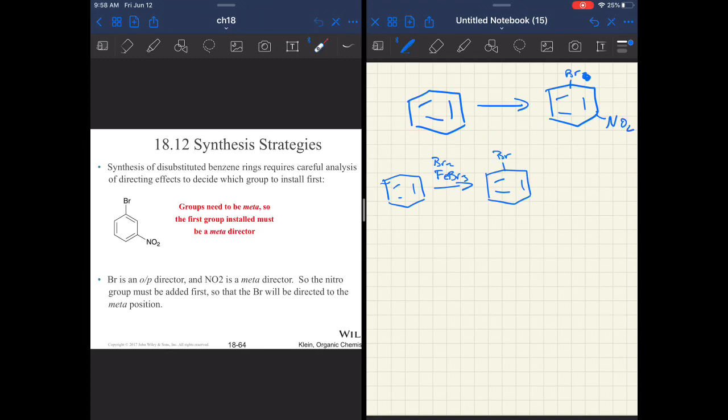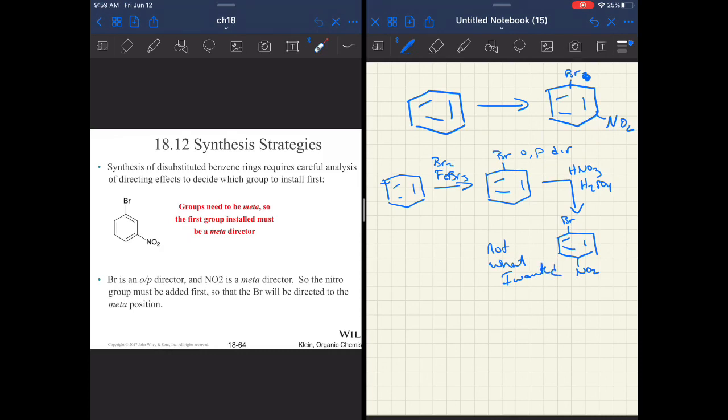But now what is going to happen if I add in HNO3 and H2SO4? You can't forget what we just talked about. Well, bromine is an OP director. All right, so if I put that one on first, well, the nitro group is going to go to the ortho or para position. So not what I wanted.